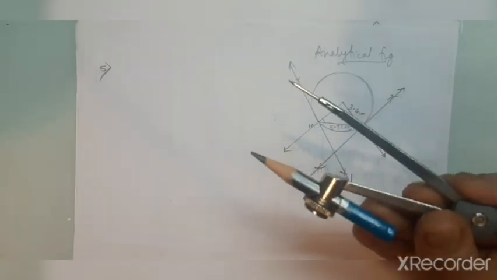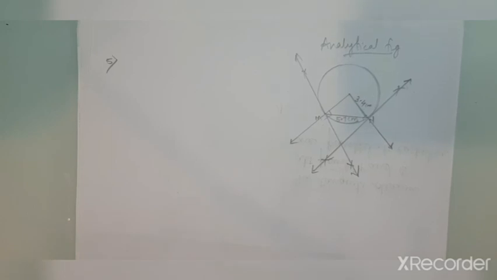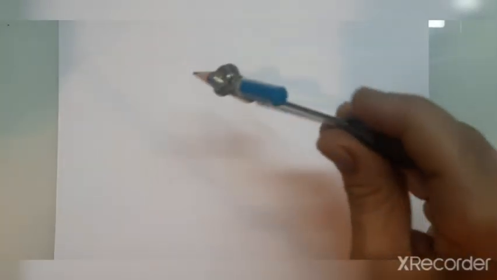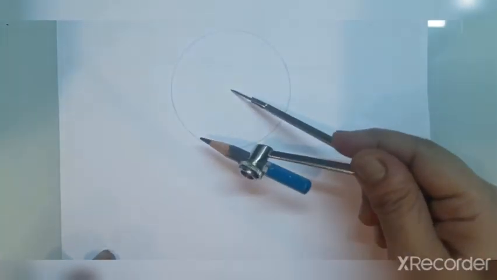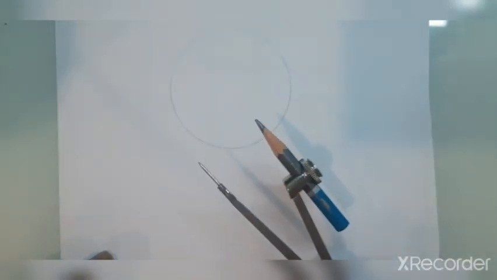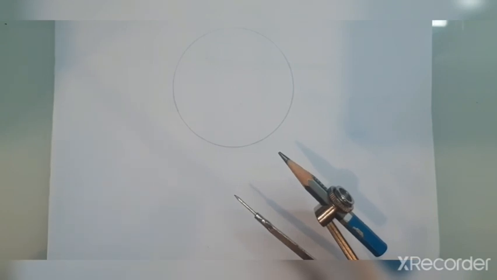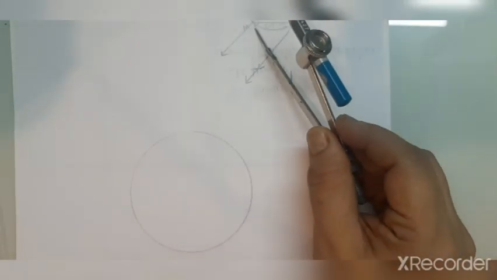Yes, exactly 3.4 I have taken, which is the radius, and I'm going to draw a circle now. Taking this as the center, I have just drawn a circle. Clear?